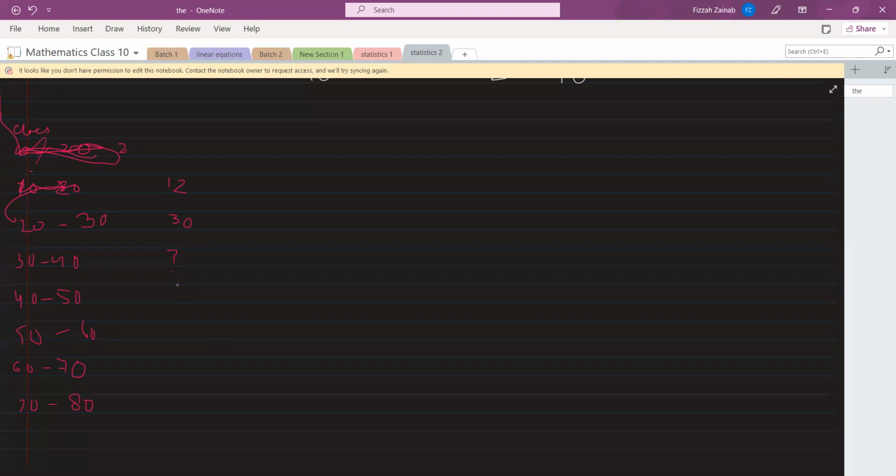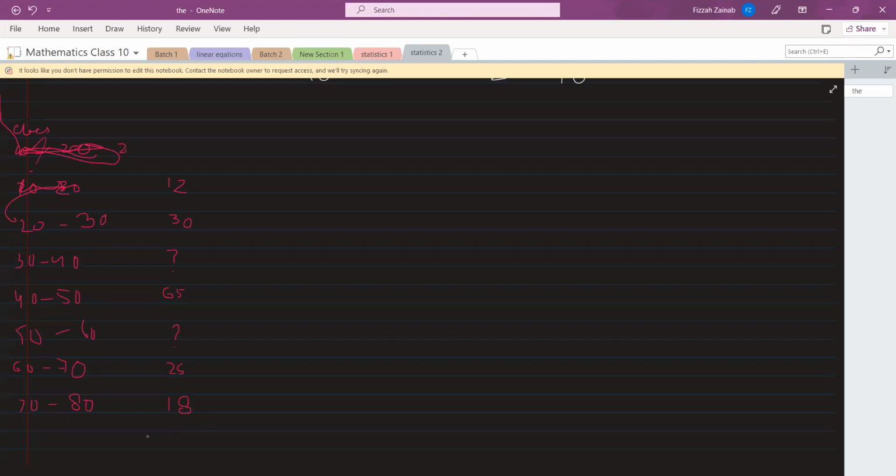And 40 to 50 is 65. And 50 to 60 is also missing here. 60 to 70 is 25. 70 to 80 is 18.